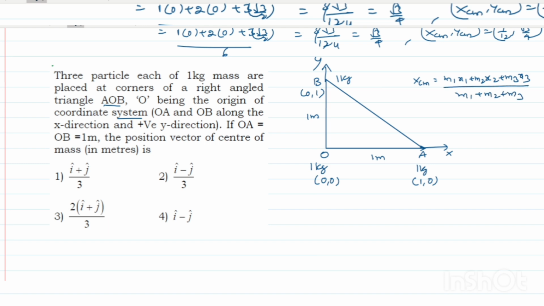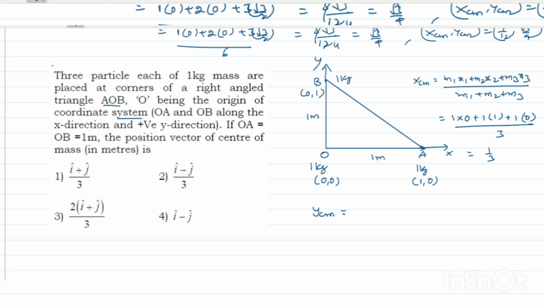Here m1 is 1 kg, so 1 into x1 which is 0, plus m2 is 1 kg, x2 is 1, plus m3 is 1 kg and x3 is 0, by m1 plus m2 plus m3, which is 3. That is nothing but 1 by 3. In the same way you can find YCM.